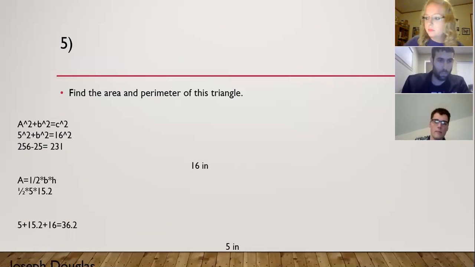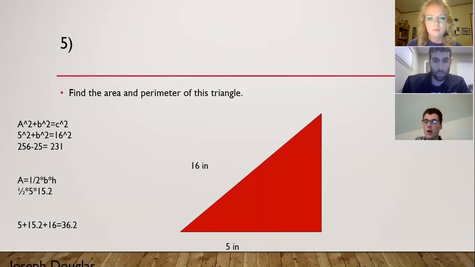Okay. Joseph, can you tell me how to find the area and perimeter of this triangle? Yes. So the first thing we need to do is find the length of the missing side here. The Pythagorean theorem states that a squared plus b squared equals c squared.